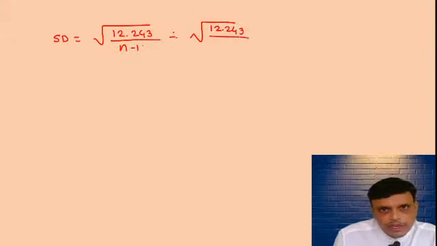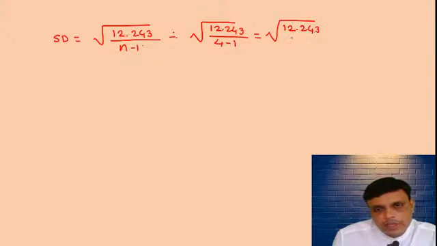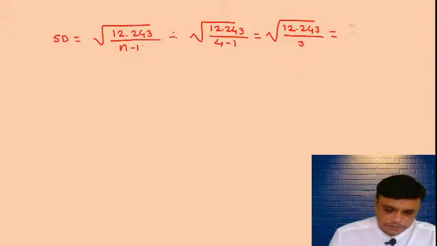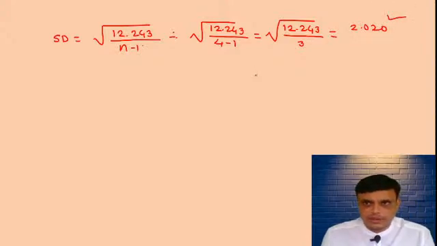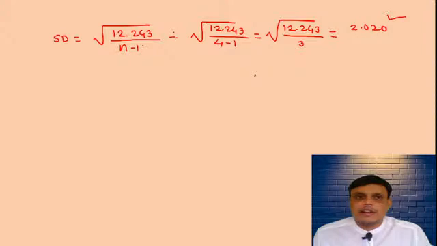N is 4 minus 1, so 12.243 divided by 3. How much is this value? This value will come 2.20. So this is your SD, standard deviation.